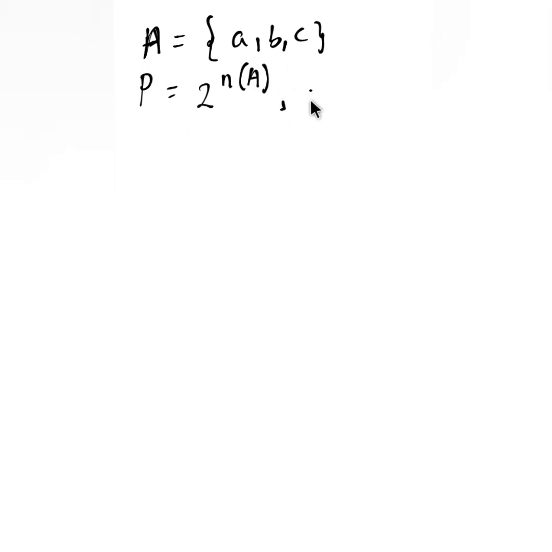Now, n of A, which is the number of elements in A, is 1, 2, and 3. There are 3 elements in A, which implies that the power set of A is equal to 2 raised to the power 3, since n of A is 3, and this gives us 8.